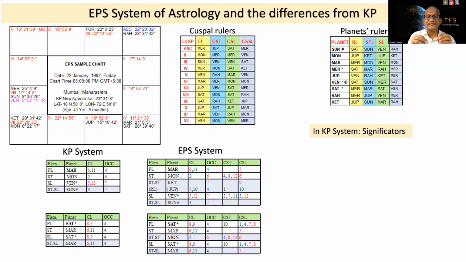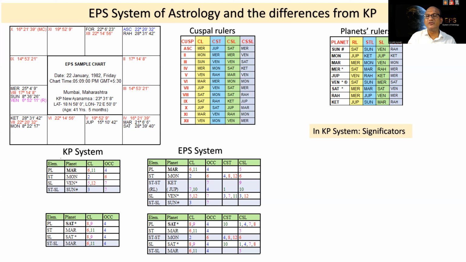So in KP, if you follow only the fourfold significators, and look at the houses, this planet is signifying so and so houses, this planet is not signifying so and so houses. In that way, sometimes you would have experienced that some planets would not have been taken for a particular event.